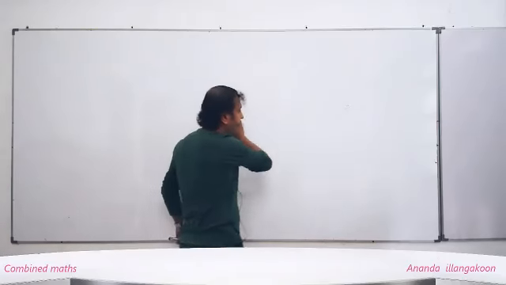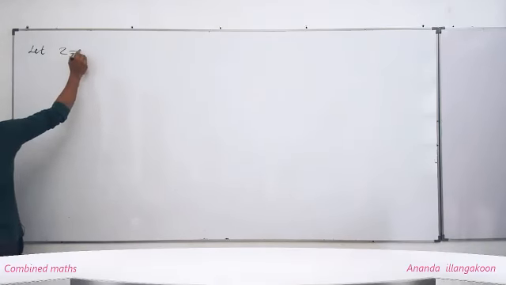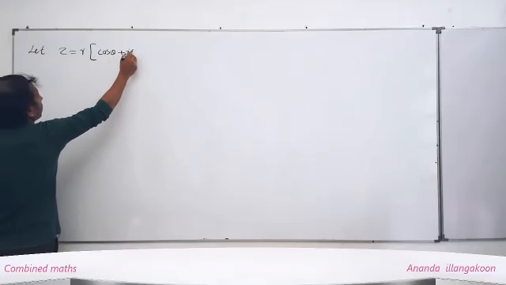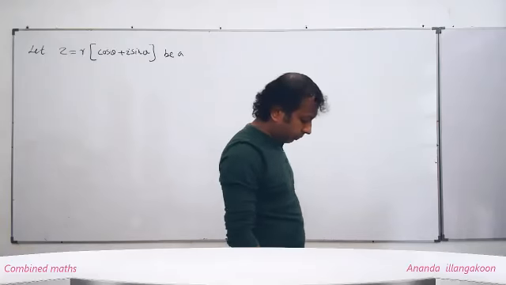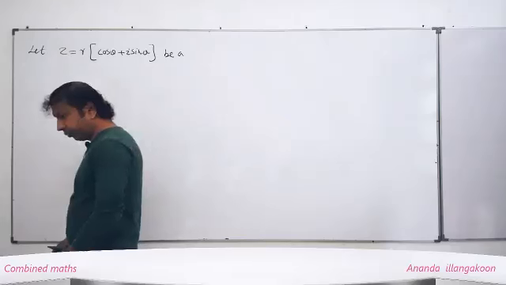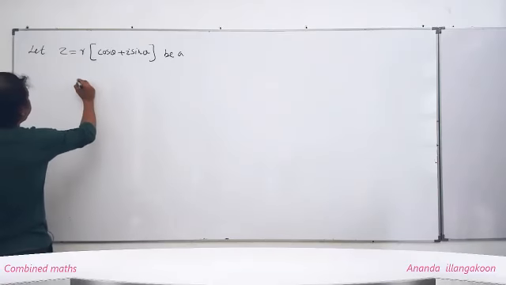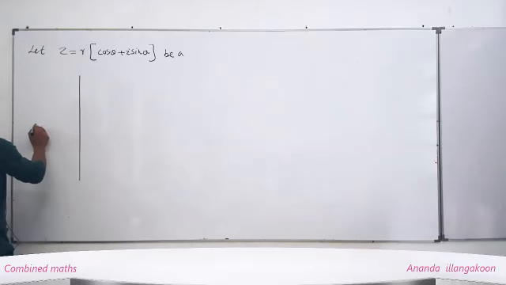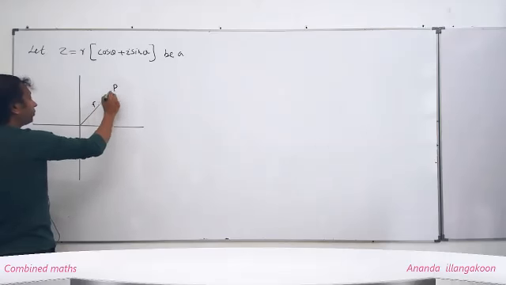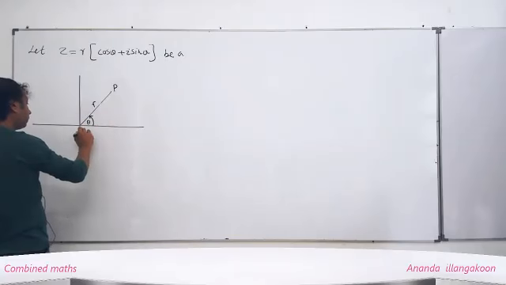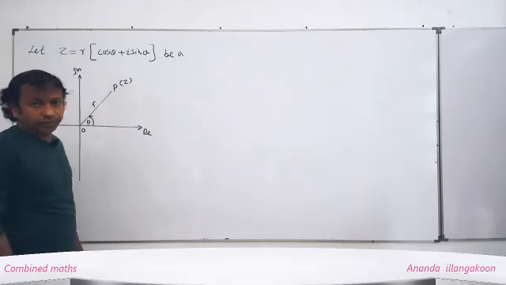Let z equals r cos theta plus i sin theta be a complex number on the Argand plane which is represented by the point P, with the real part and the imaginary part.